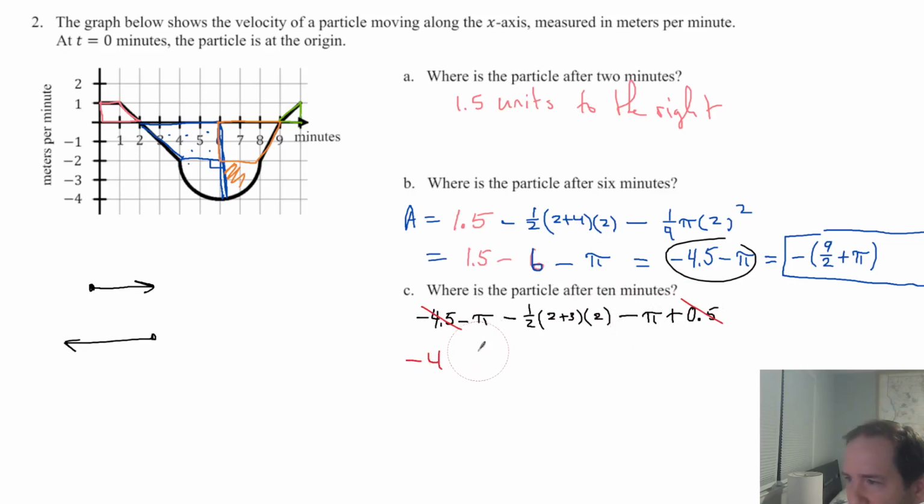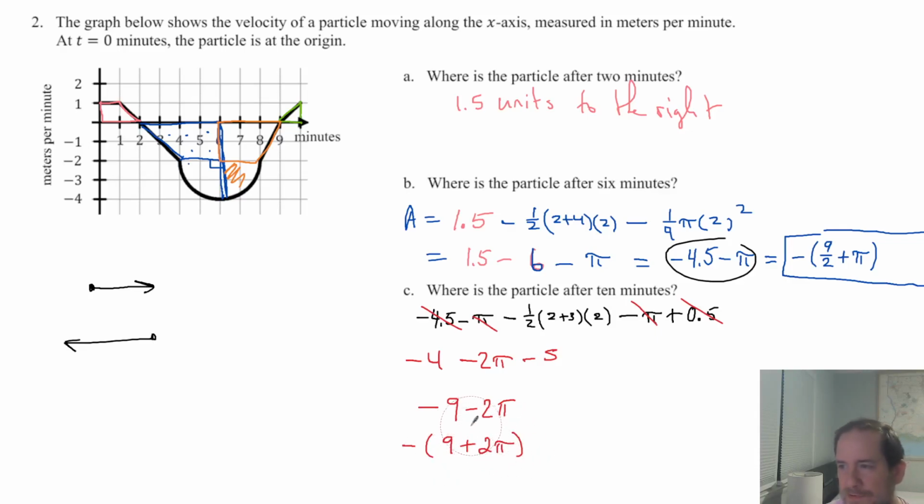We've got a pi and a pi, so that's minus 2 pi. And then this whole thing worked out to be 5, so we're taking away 5. So that's giving us negative 9 minus 2 pi, which again, I would factor out a negative and call it 9 plus 2 pi. And then we'll have it be the opposite of 9 plus 2 pi. So that's the answer to part C.